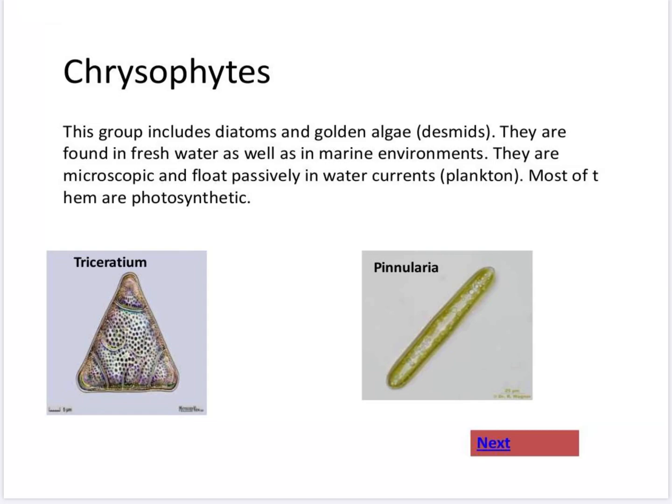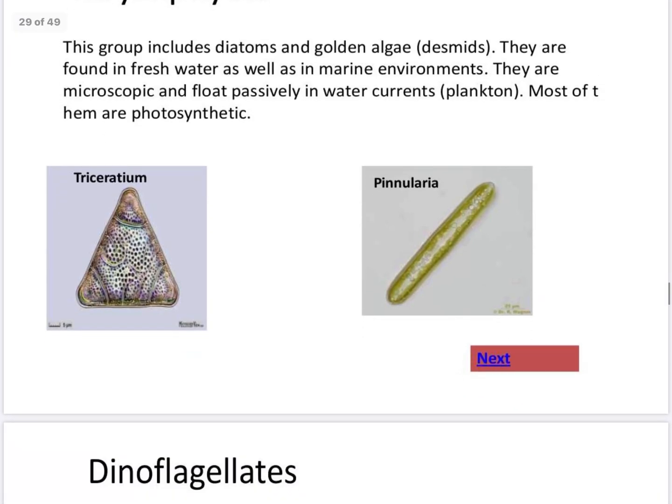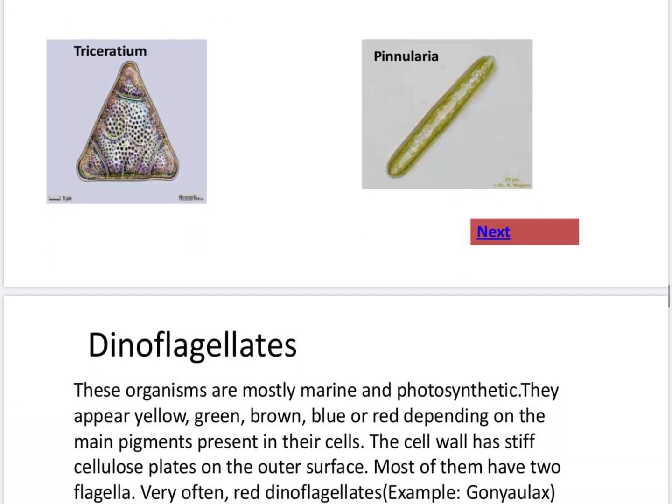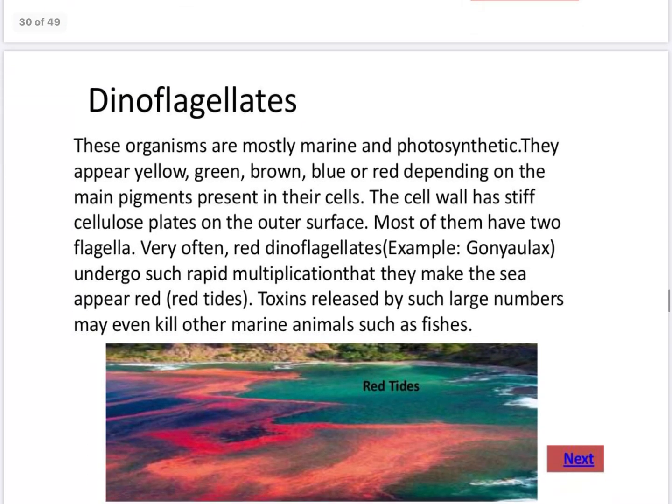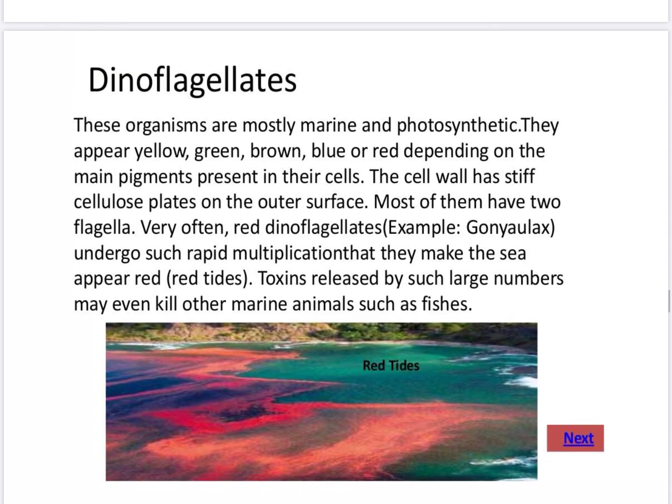It is economically very important for soundproofing, as filtration media, as abrasives, insecticide, and absorbent for oil spills. So thanks to this diatomaceous earth. You have two examples, Triceratium and Pinnularia.